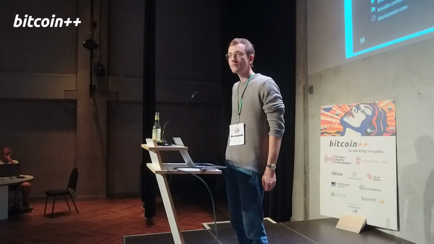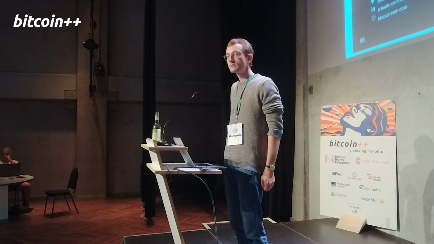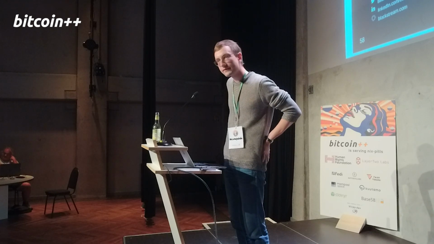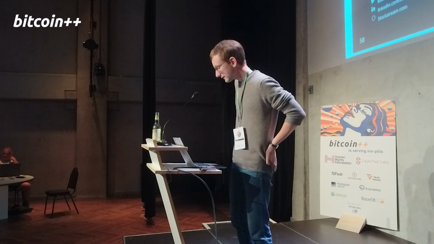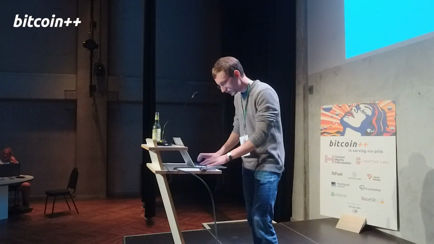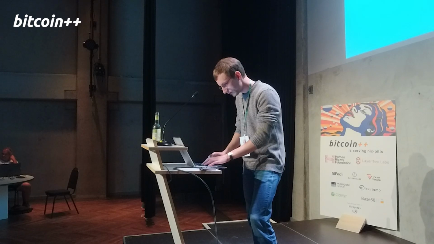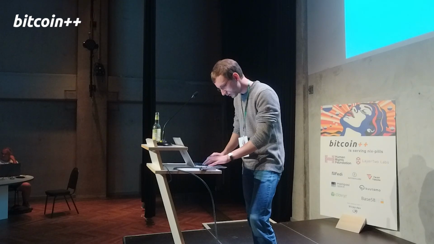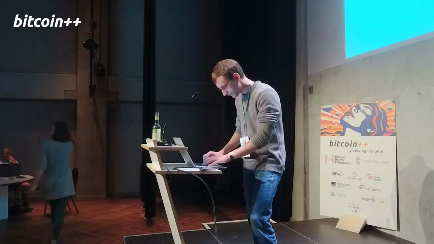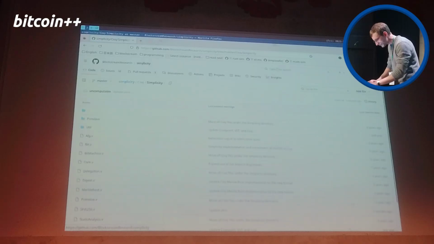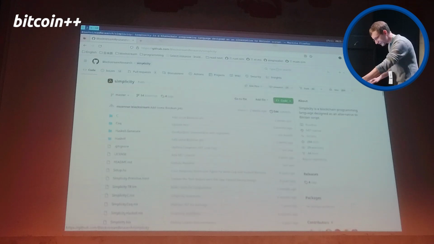Is there a GitHub that's publicly accessible yet for Simplicity's code base? Yes, there is. So bugs could be reported through GitHub's bug tracking system for now. Yeah, so it's on GitHub. It's here, Blockstream Research / simplicity.